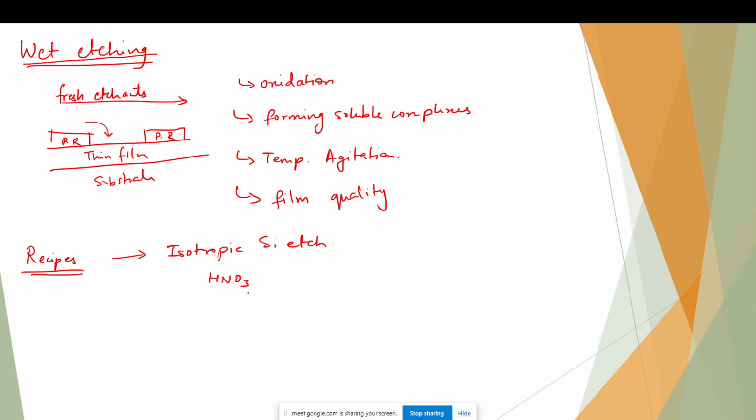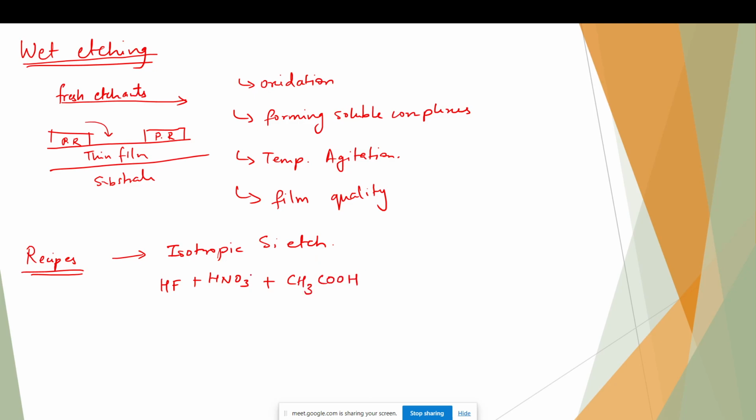HNO3 will oxidize silicon to form SiO2, but SiO2 is a solid, right? It is not a liquid. We need the byproducts to be in liquid state. So, we also add HF. HF will react with SiO2 to form a soluble complex, H2SiF6, and in addition to this we have acetic acid, which basically acts as a solvent.